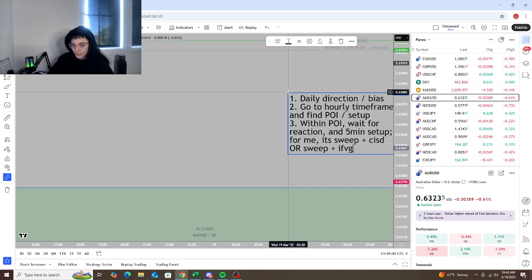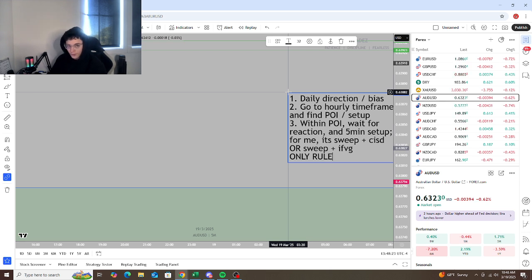Now, what I mean by this is there's also one rule I'm going to explain, but within this POI, let's just say we have a sweep of a high. We have our hourly order block that forms. What you're going to wait for is price to retrace into that, obviously, because that's your POI for retraces, and then you go to the 5 minute and wait for a 5 minute setup off that. So sweep of a high and CISD or inversion entry. It's that simple.